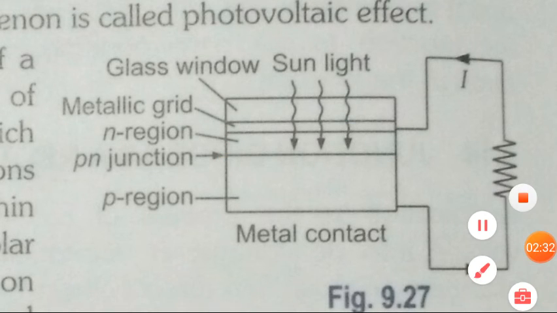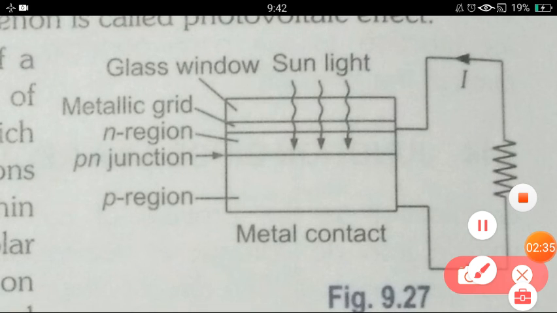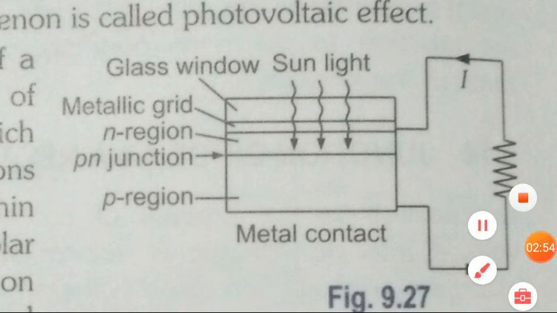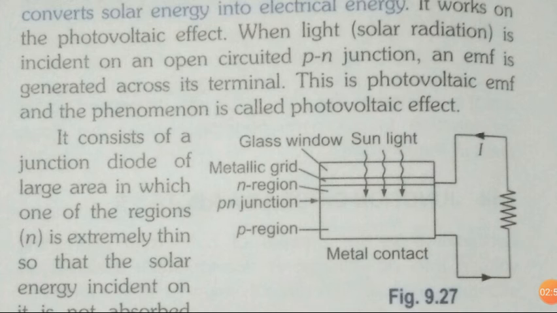When sunlight falls on this glass sheet, the glass allows the sunlight to cross it and go to the PN junction. Because of the solar radiation, the electrons get excited. The N region is called the emitter because it emits the electrons.